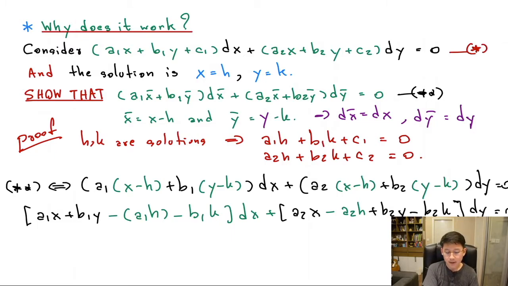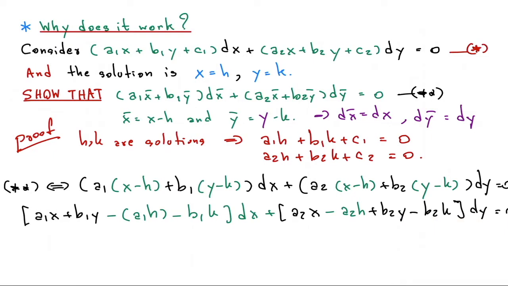Make sense? Here we have a1x plus b1y. But as we have that this is 0, it means that c1 is actually minus a1h minus b1k. Just move it a little bit to the left hand side.